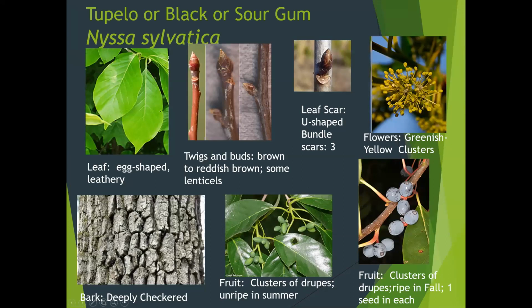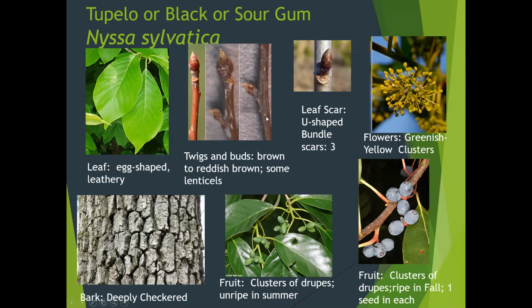Tupelo, black gum. But the difference between these and the ones before is these are entire margins. So these don't have teeth on the edges of their leaves. And they're more of a leathery texture as well. They're egg-shaped, and they have the pinnate venation going. The twigs and buds are brown to reddish-brown, and the twigs still have some lenticels on there.